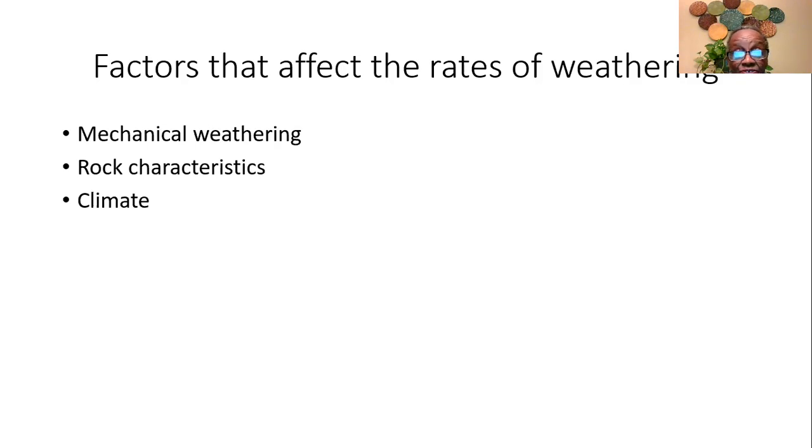So the characteristic, or we could say the composition of the rocks, and also we can include the size of the rocks in that. And then climate would have a lot to do with that because we would not expect weathering to take place at the same rate if it was a dry climate as opposed to one that is warm and moist.